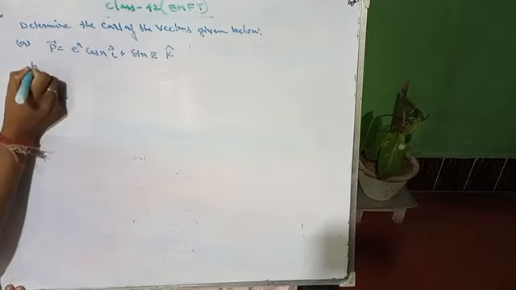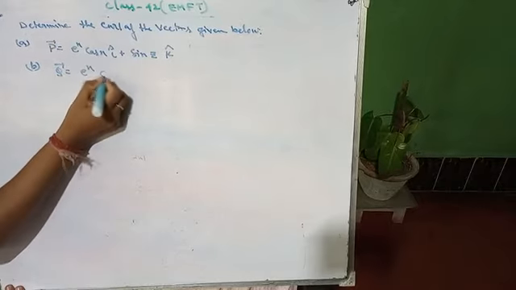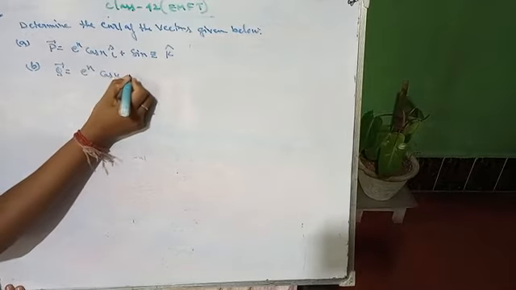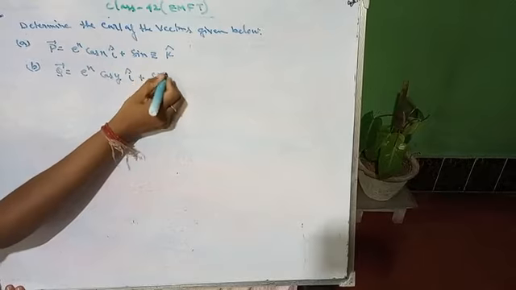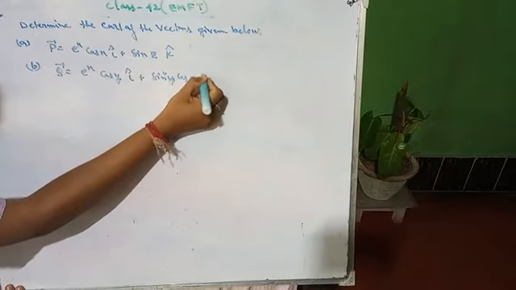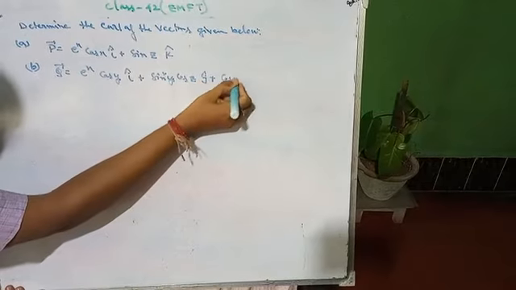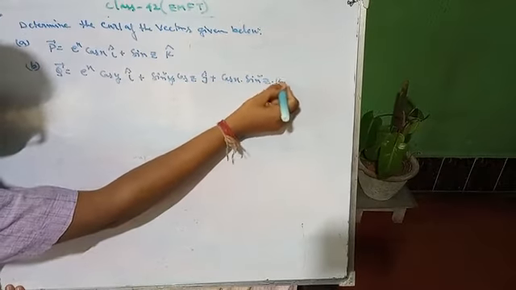And the second one, q vector equals e to the power x cos y i cap plus sin square y cos z j cap plus cos x sin square z k cap.